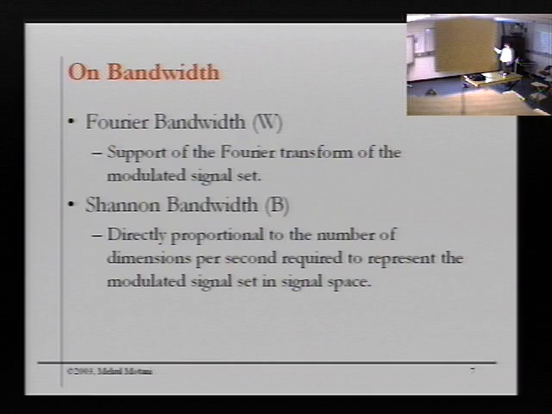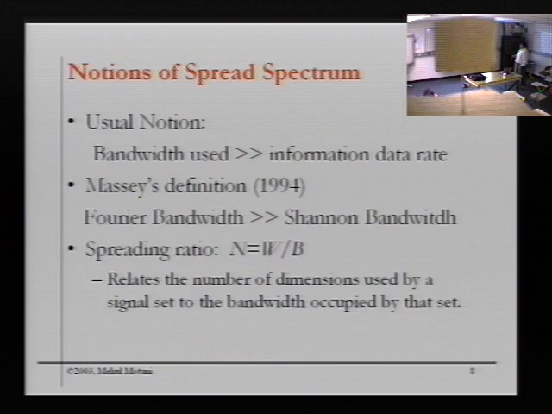There's actually a different notion of bandwidth, which is how much bandwidth do I need to represent my signal set? And he called it Shannon bandwidth. So it's proportional to the number of dimensions that are required to represent my signal set. And often these are the same, and often they're not. And Massey's contribution was making this distinction and using that to define spread spectrum.